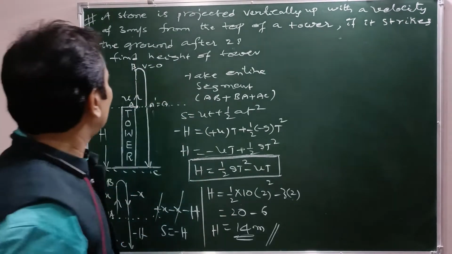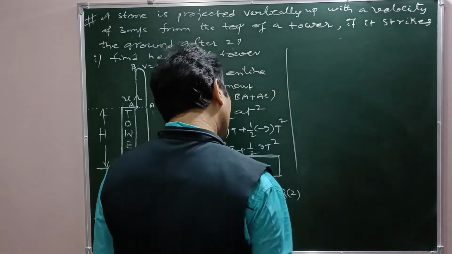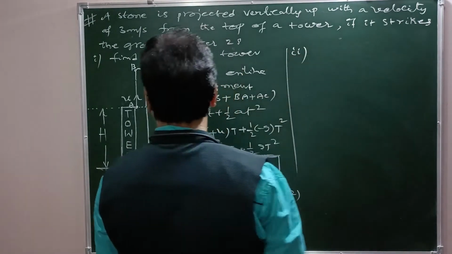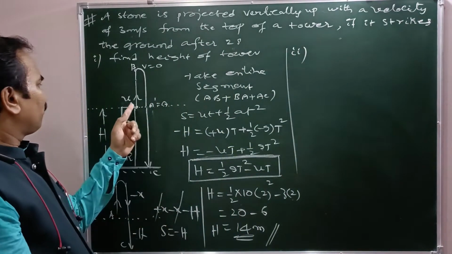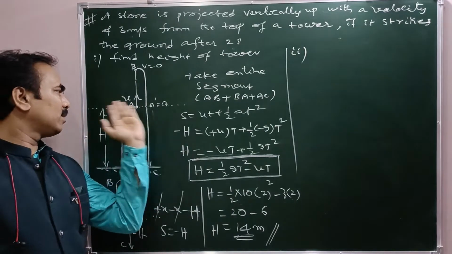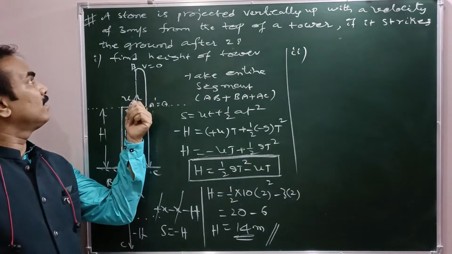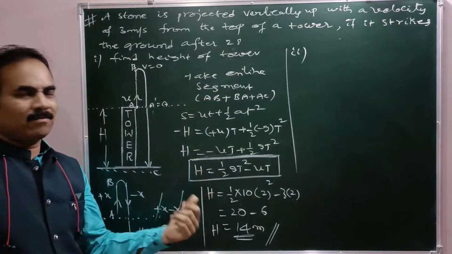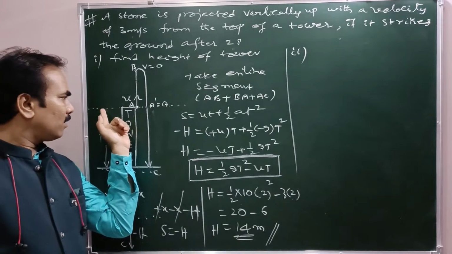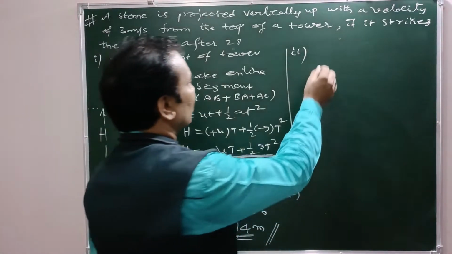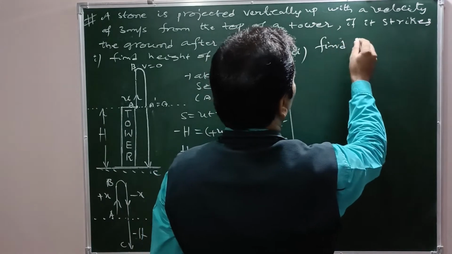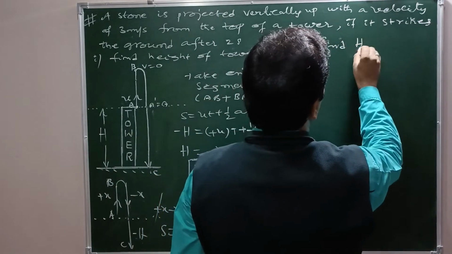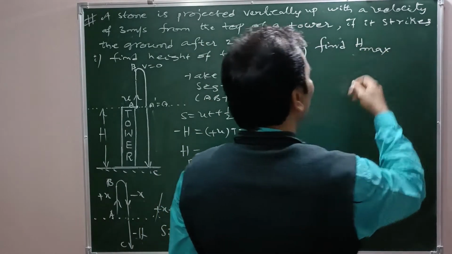Now second question. Question number 2. Find the max height covered by the stone above the level of projection. Find H maximum, not the height of the tower, that is the maximum height.